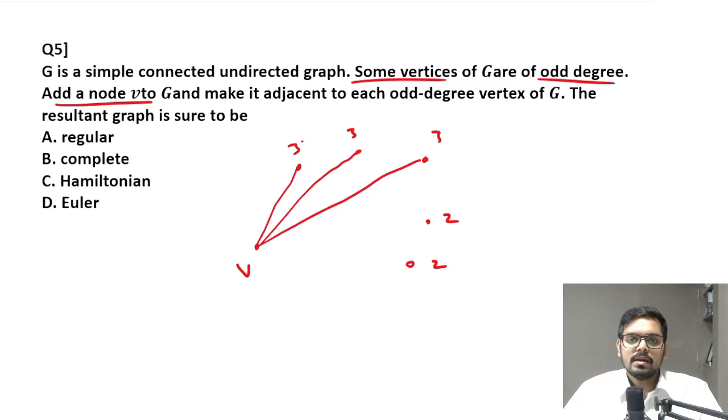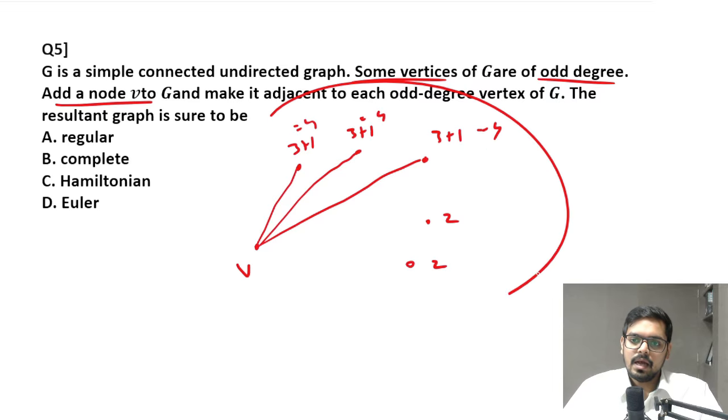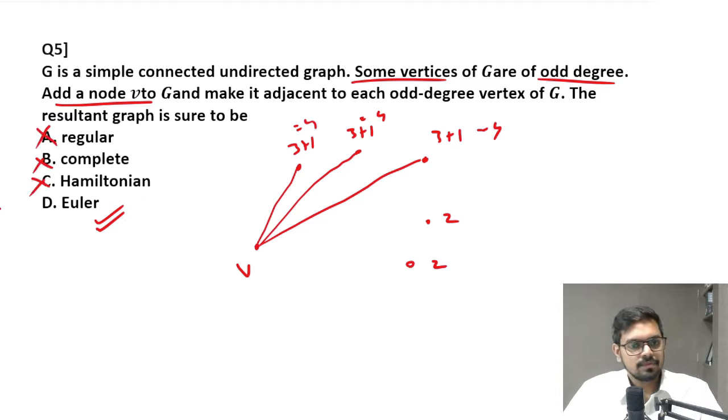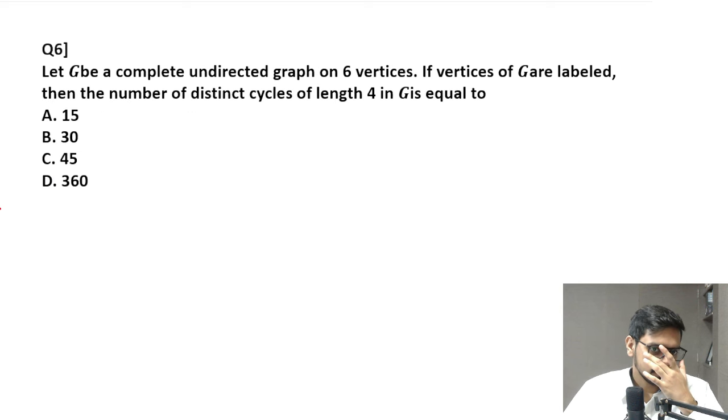So if you make that, then all the odd vertices will get a +1 increase in their degree value. So they will be even now. And now I can see all the vertices are having even degree plus connected. I should definitely say Eulerian graph, no need to check other. Even if you check, all the options will be wrong. Easy, understood.